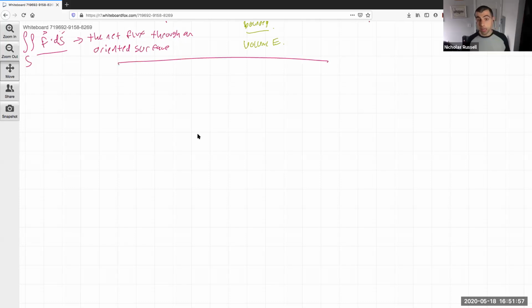So the big thing is the interpretation of that. If I want to find the surface area of a surface S, I can parameterize this as R of UV, where UV is in some domain D. And then the surface area is the integral of the magnitude of RU cross RV dA.